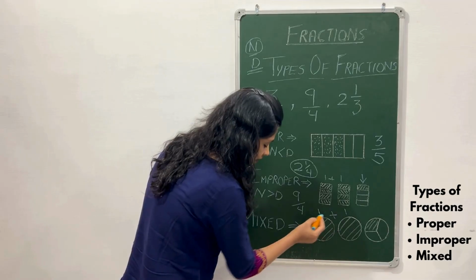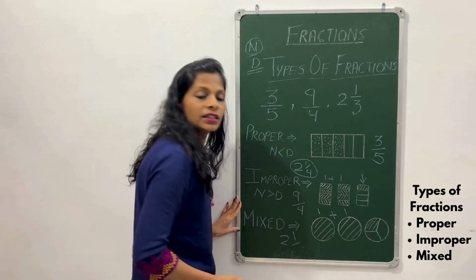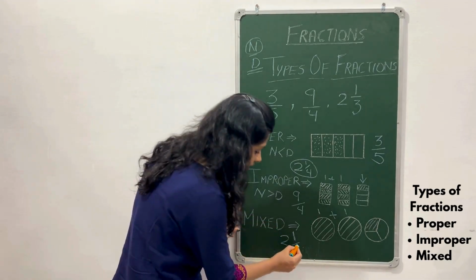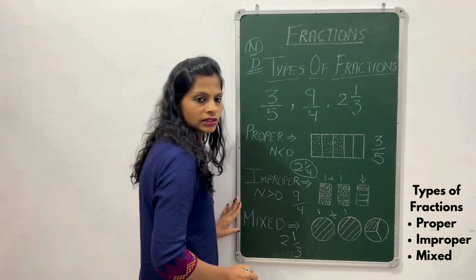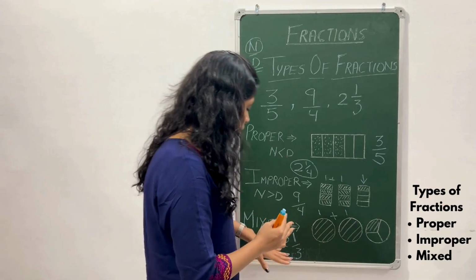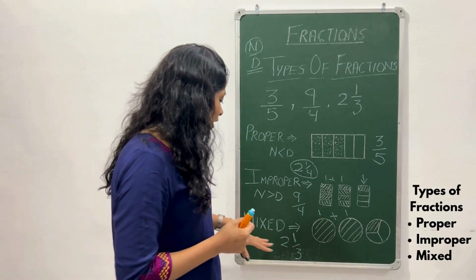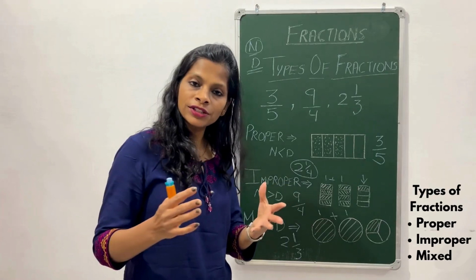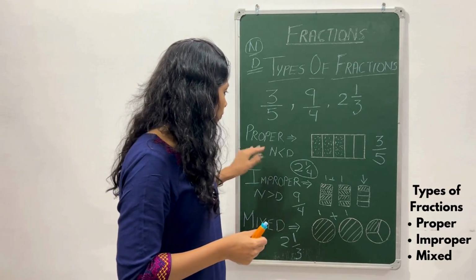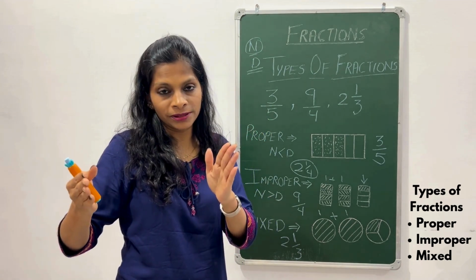So can I say that I have 2 whole pizzas and 1 slice out of 3 equally divided slices, and that is why this is called a mixed fraction, wherein I have the whole number written separately and the fractional part written separately. So if I combine them, that becomes an improper fraction where I'm just talking about the number of portions and not about the whole. Proper fraction was just talking about 1 whole that was divided into equal parts.